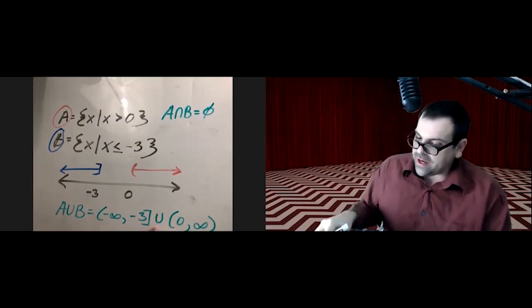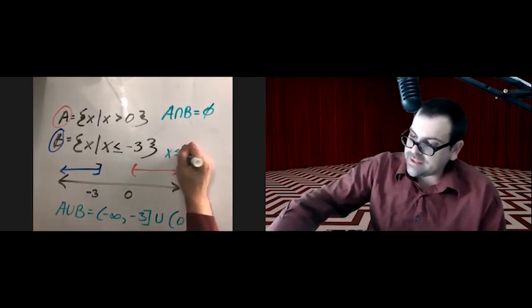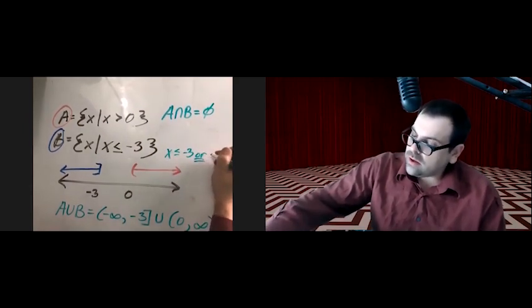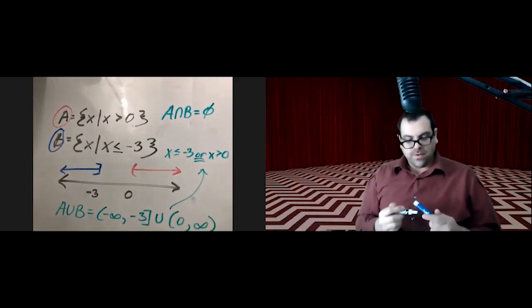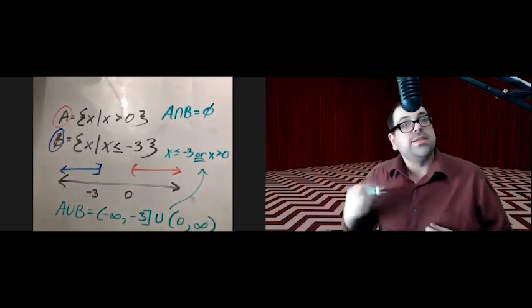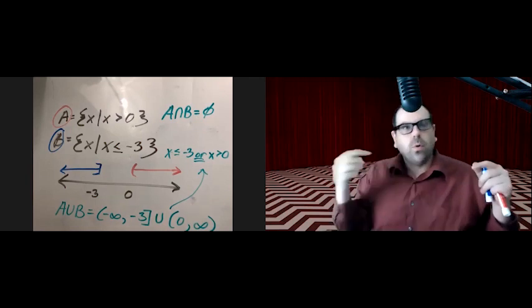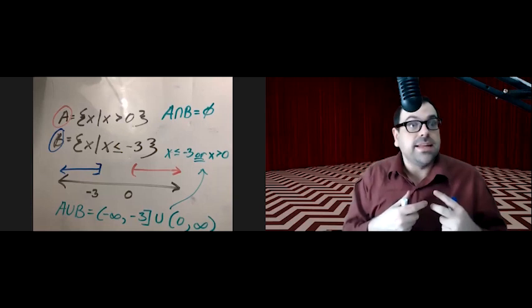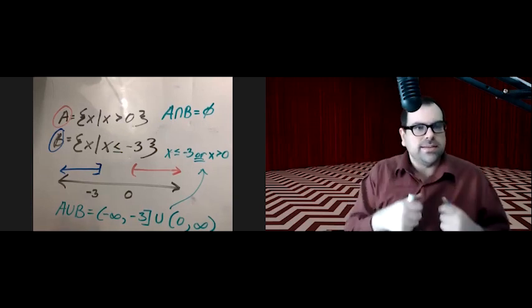And this is another way of saying x is less than or equal to -3 or x is greater than 0, because a union is an or statement. It makes it in if it's in this one or this one. They both come in. For an and statement, it would only be if it's in this one and this one.